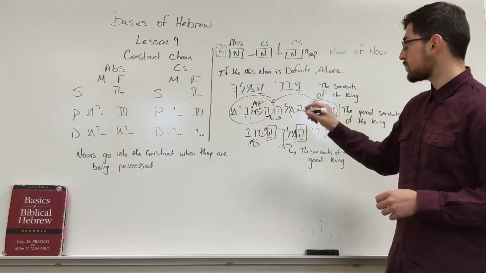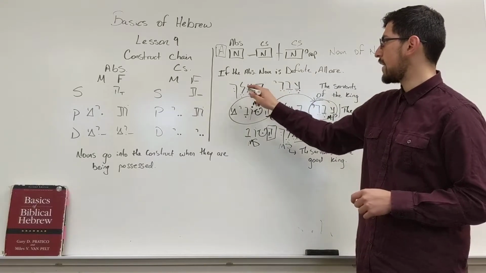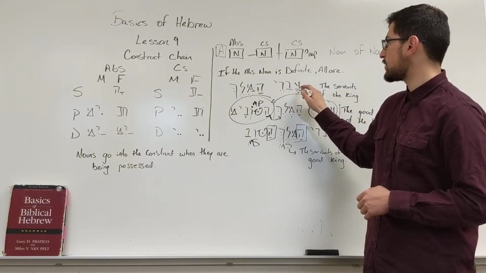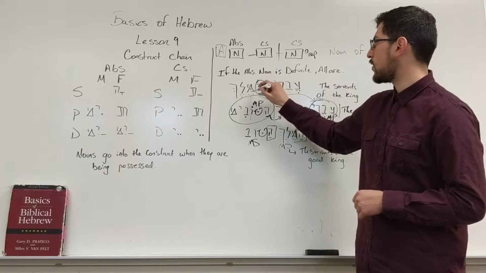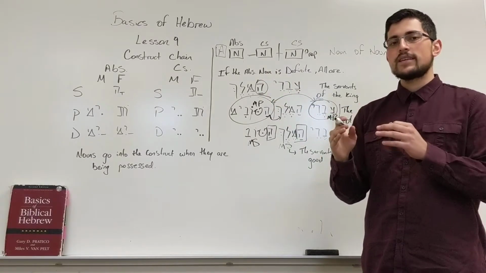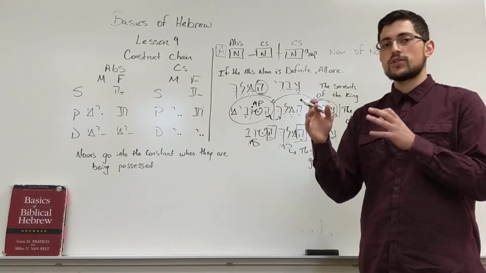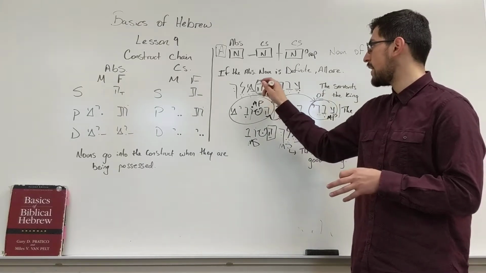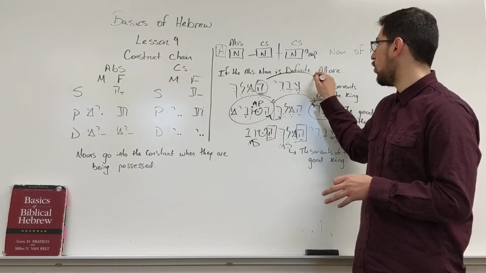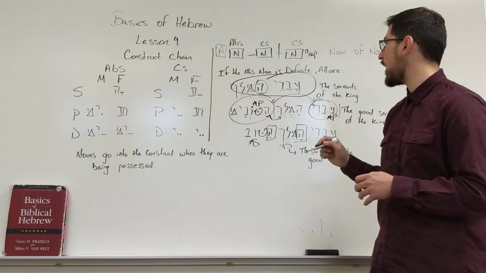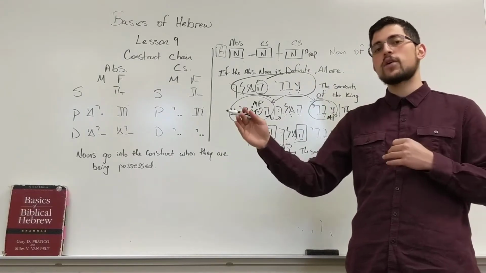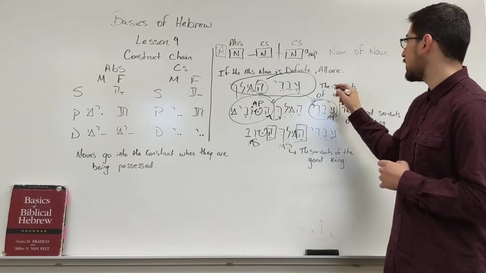So for example, here we have the king again, and then here we have servants. So the king has the definite article. The king is the absolute noun. So since the king is the absolute noun and it has the article, we translate the whole chain as if all of the components of the chain had the article.